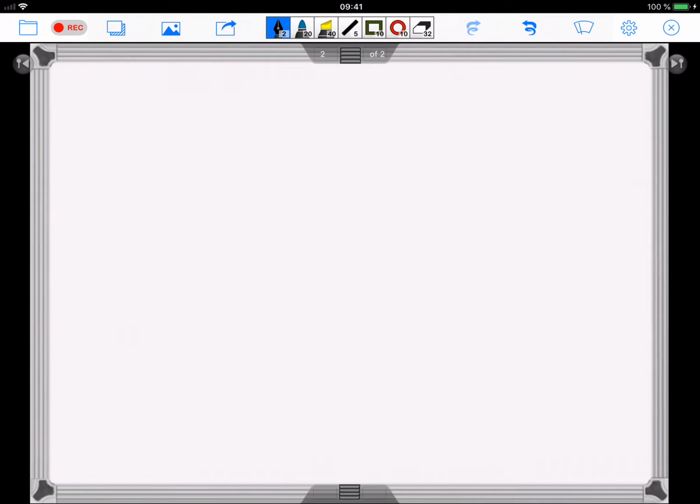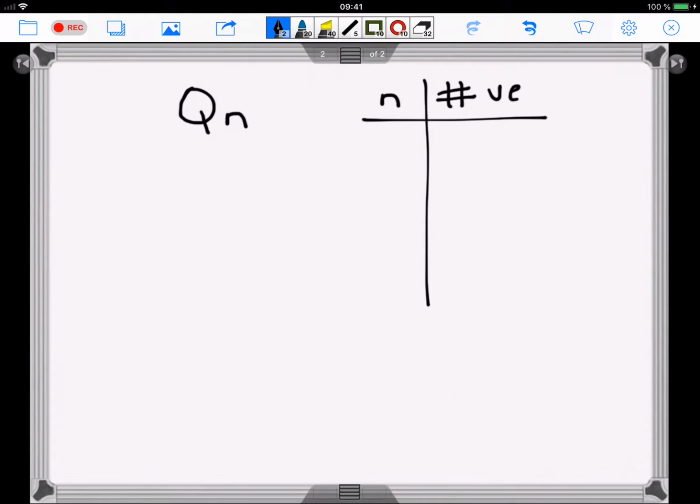Okay. As for hypercubes, notice that if I have the cube Qn, the number of vertices is, let's first draw a table. Let's try to find the number of vertices from a table. So Qn here, and number of vertices here.